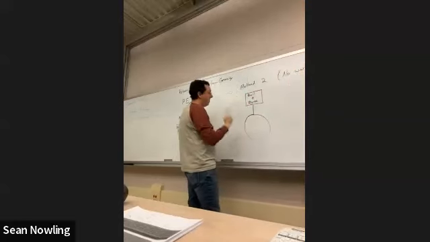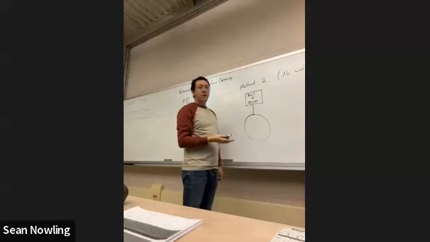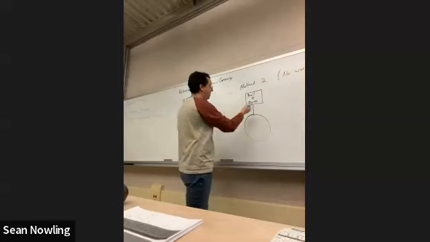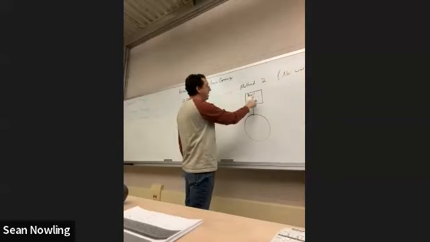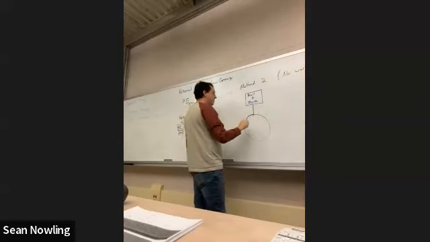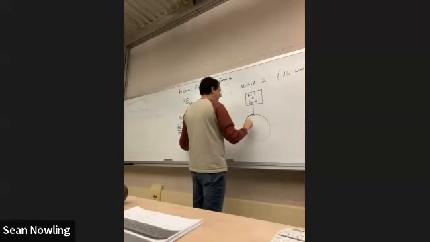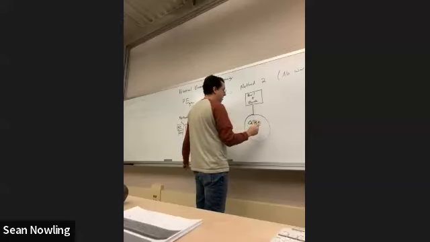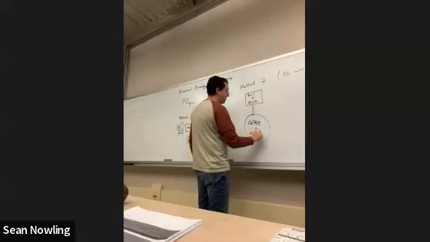Okay. But the price we pay for including gravity in the system is that, you know, we still have a change in kinetic energy, but we also have a change in potential energy.